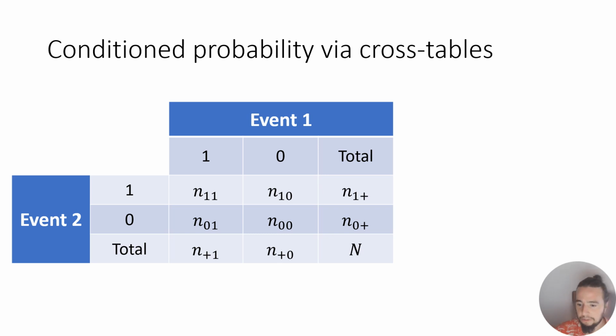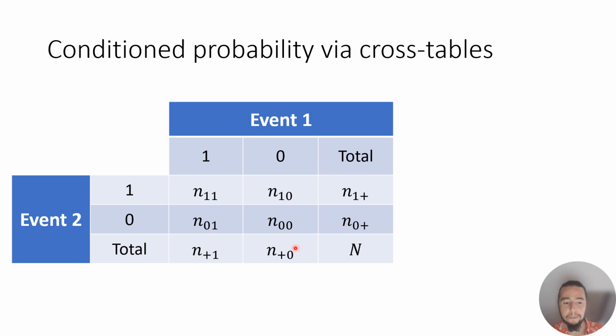I really like to illustrate conditional probabilities with cross tables, because I think it's very visual and very intuitive. Imagine this cross table where event 1 can have the values 1 and 0, and event 2 can have the values 1 and 0. Therefore, we encounter these four combinations: 1,1, 1,0, 0,1, and 0,0.